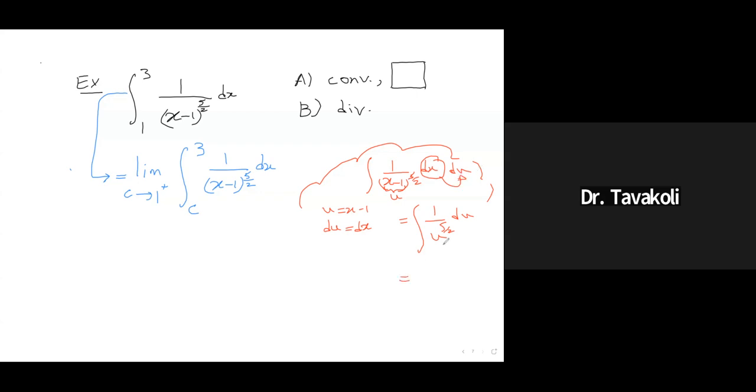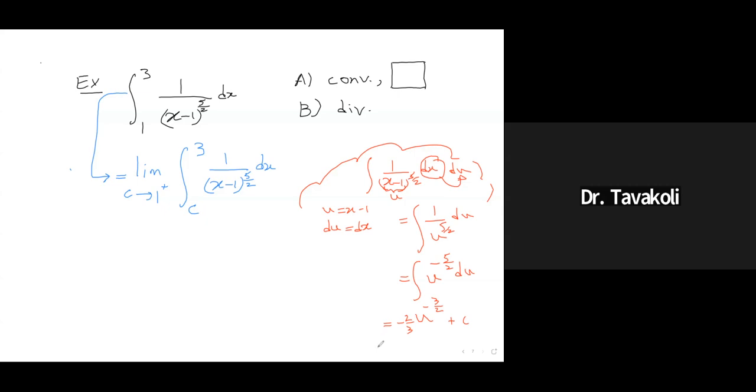Using the power rule, 1 over u to the power of 5 halves is the same as u to the power of minus 5 halves. The antiderivative of u to the power of minus 5 halves is u to the power of minus 5 halves plus 1, u to the power of minus 3 halves over minus 3 halves. Dividing by minus 3 halves is the same as multiplying by minus 2/3. And plus c, but that constant is not needed because we are dealing with a definite integral.